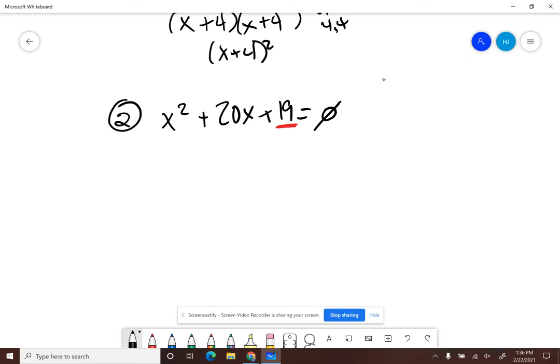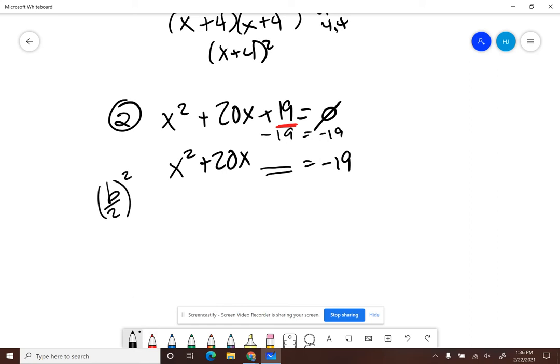So what I'm going to do, I'm going to go ahead and write x squared plus 20x, and I'm going to leave a blank space, okay? I'm going to move my 19 to the other side. So here's the problem I end up with. Now I have to figure out what needs to go here as a perfect square trinomial. So again, I do the same process again. B divided by 2 squared.